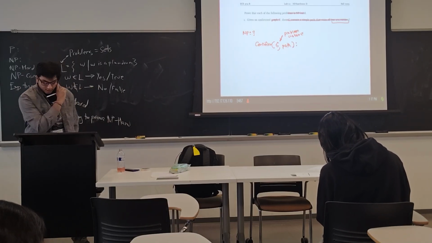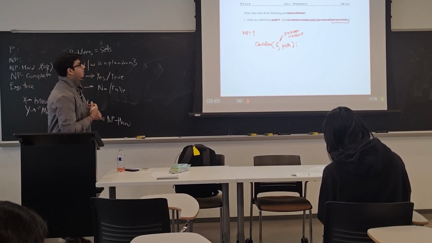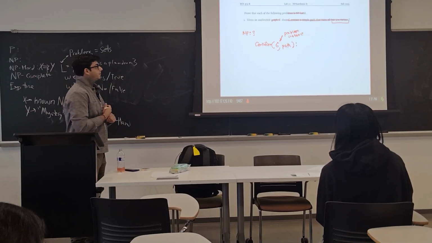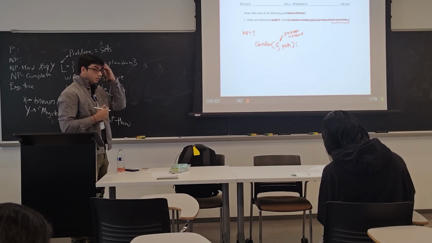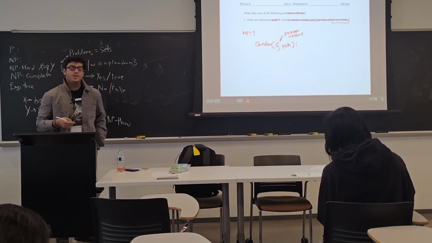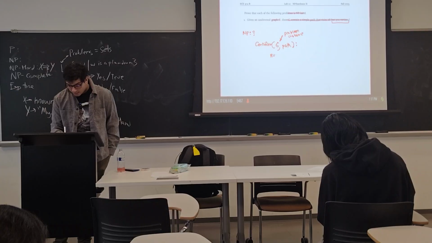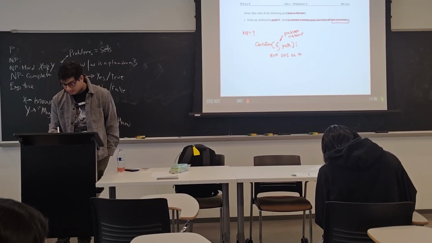And then what should the certifier return? How should it return true or false? Yeah, exactly. So how do I do that? DFS, right? Run DFS on the first vertex in the path.